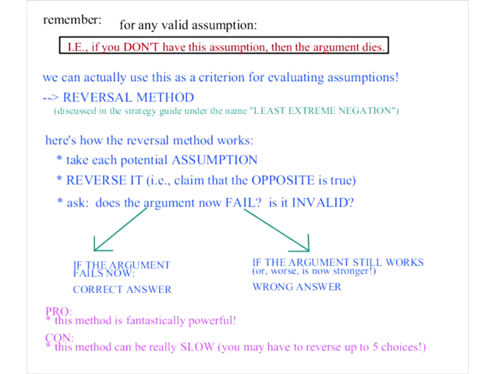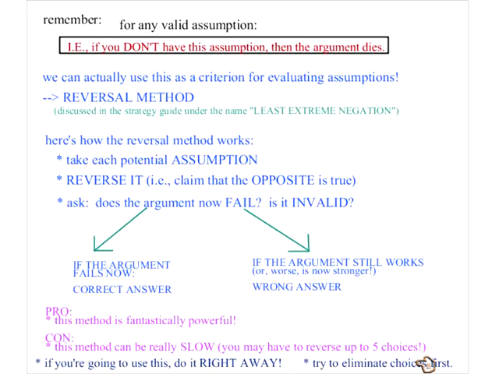So there are 2 things you've got to get out of this. The first thing is, if you're going to do this, do it right away. And the other thing is try to eliminate choices first, because applying the reversal method to 5 separate choices is going to take you a while. So if there are some choices that clearly have nothing to do with what we're talking about, then eliminate those first.